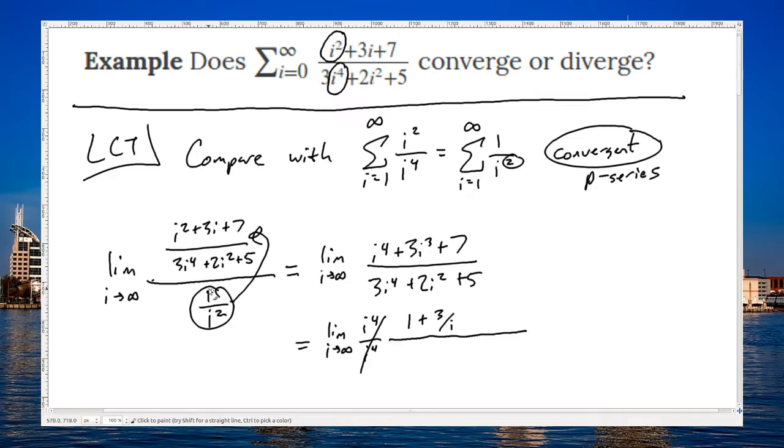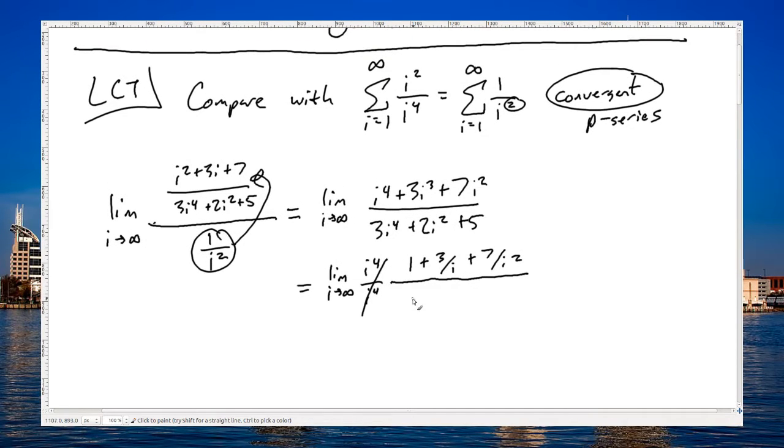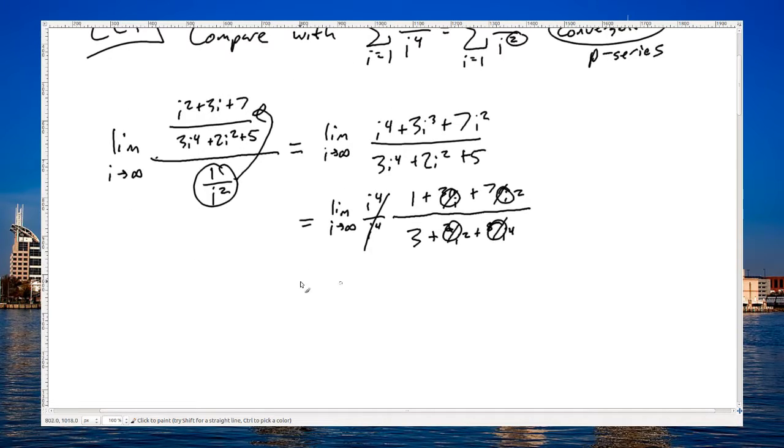I just realized I made a mistake here. That 7 should have been multiplied by an i squared. So this will be 7 over i squared when I factor out an i to the fourth. On the bottom I get 3 plus 2 over i squared plus 5 over i to the fourth. Now, all these zero out when you take the limit to infinity, so the result is 1/3.